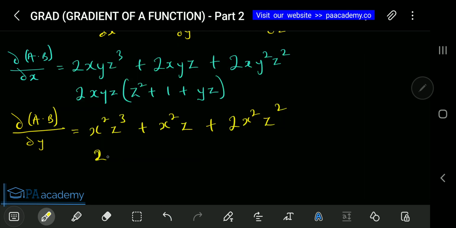So that will be x squared z, and what will be left is z squared plus 1 plus, it's just x squared z that is common.